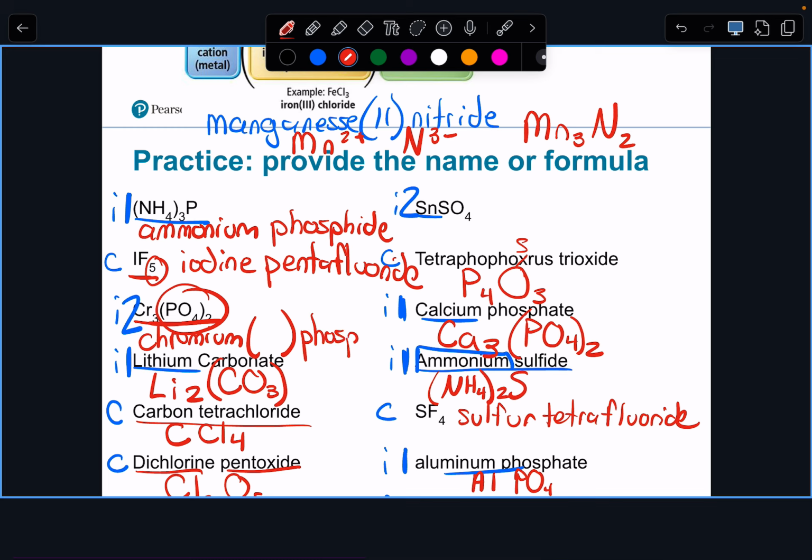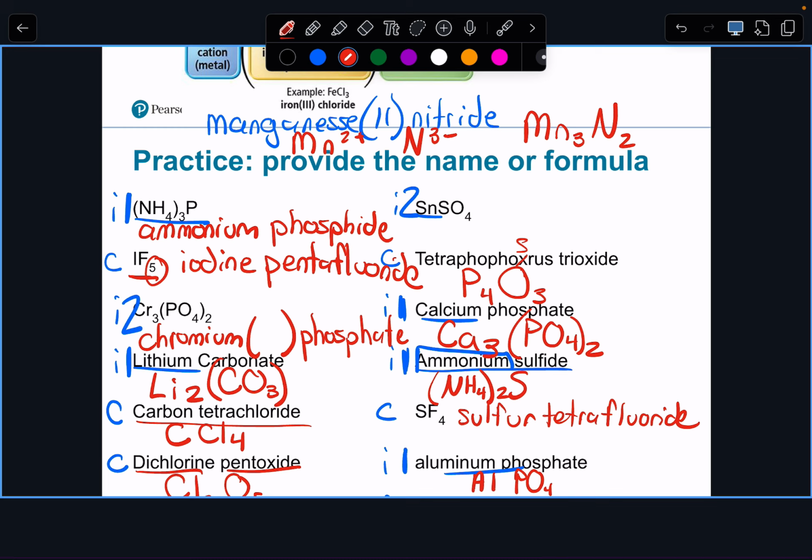Remember, I don't have to say how many there are of each of those. It doesn't matter that there's 3 and 2 in the name itself. It's only going to matter when I'm figuring out what the charge is. Okay? So chromium phosphate, and I need to figure out what charge the chromium is.